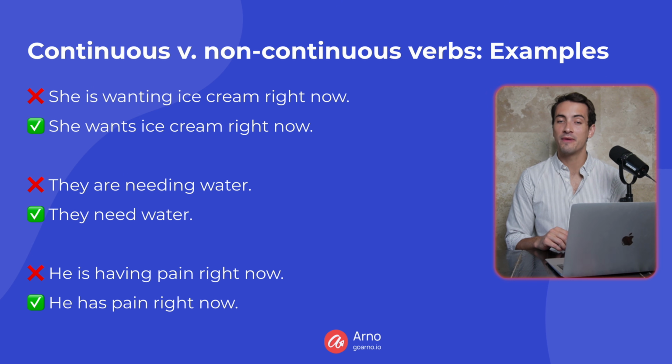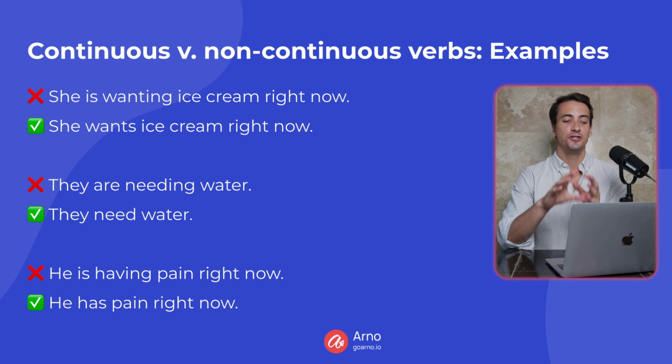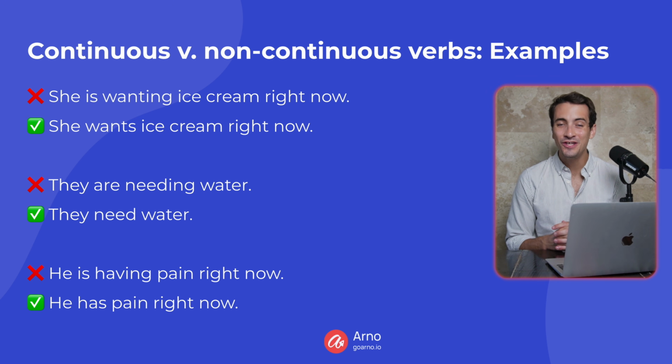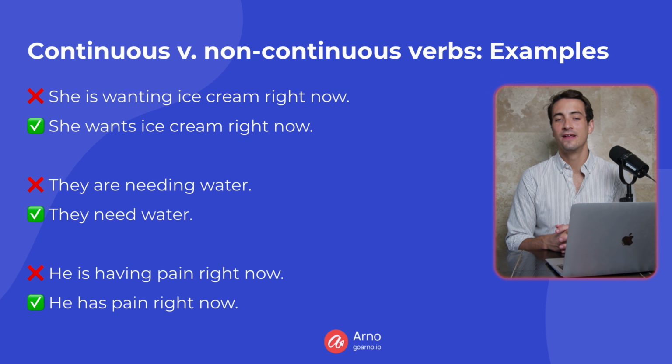So if you can remember for to want, to need, and to have, to avoid the present continuous tense and instead use the present simple, then you can avoid these very common mistakes that lose people points on the test.